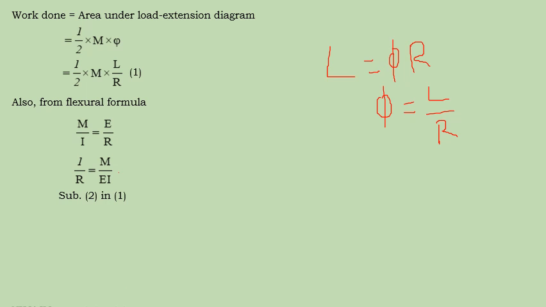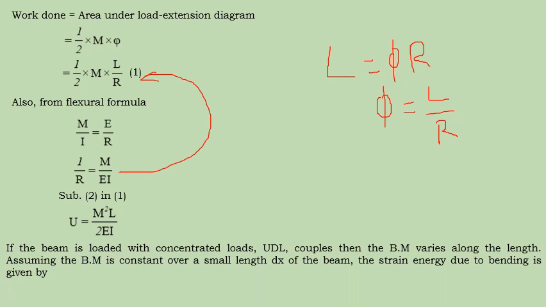If we substitute this in the first equation, because here also we have M terms, equation number 1 becomes M square L divided by 2 into EI.